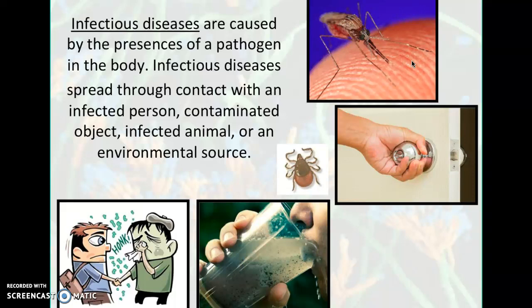So infectious diseases are caused by the presence of a pathogen in the body. Infectious diseases spread through contact with an infected person. So if you come in contact with somebody that is infected with a pathogen, you could then have that pathogen passed on to you.